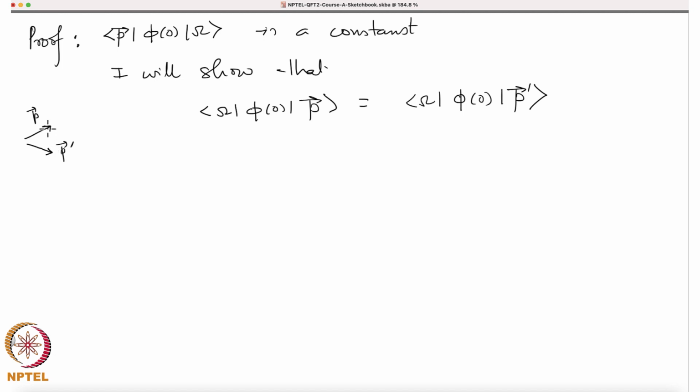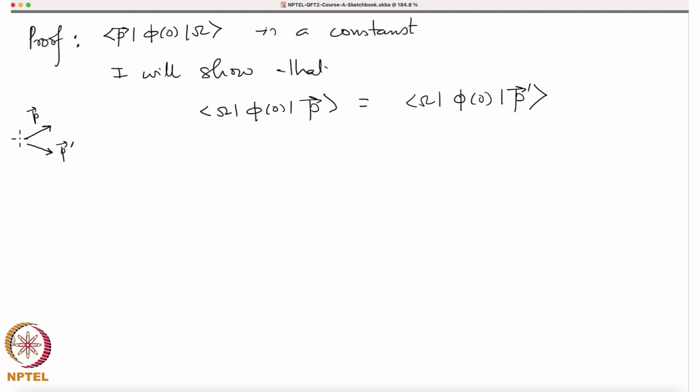Suppose the magnitudes are the same, then you can arrive from this one to p prime by doing a rotation. You just have to do a rotation about an axis perpendicular to the screen of your laptop or whatever screen it is.